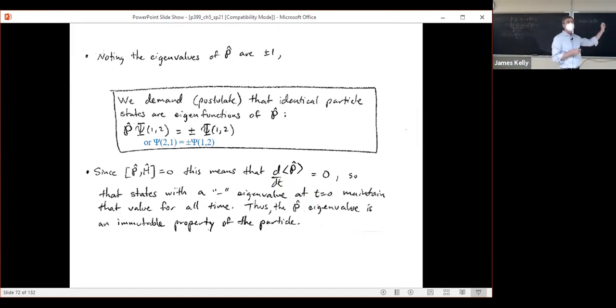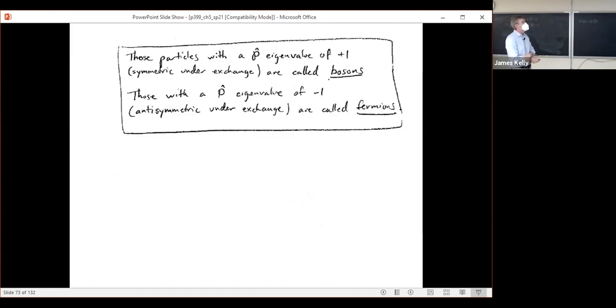And that means we can sort of say it's an inherent property of the particle. It's not just happenstance that it happens to have -1 at this particular time. Once it has an eigenvalue of -1, it always has an eigenvalue of -1. And it's the same thing for eigenvalues of +1. And therefore, we're going to give the name bosons to particles that have that exchange operator eigenvalue of +1 and fermions to those that have the exchange operator eigenvalue of -1.